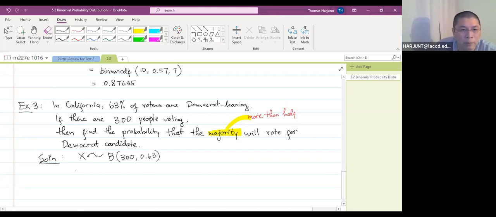And find the probability that the number of people voting for the Democrat candidate has to be more than half, which means it's greater than 150. It's the majority, right? More than half. Not including 150, no, it's more than 150. Then you see this equals 1 minus the probability that X is less than or equal to 150.